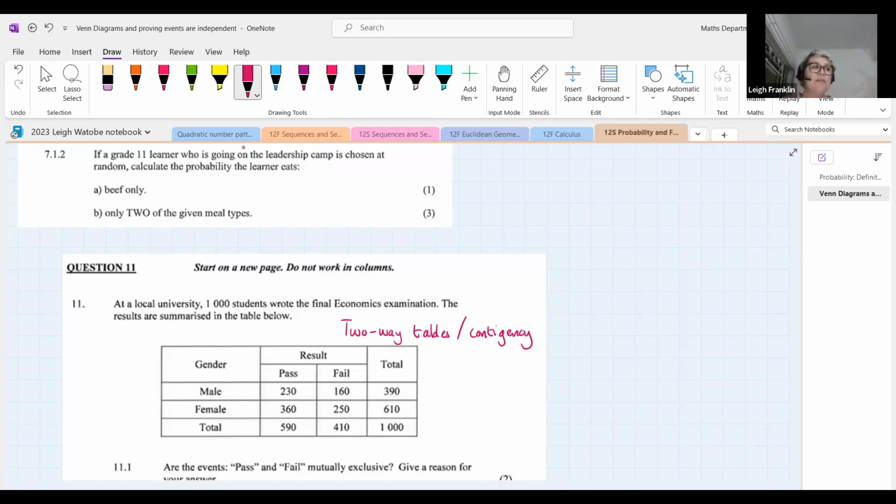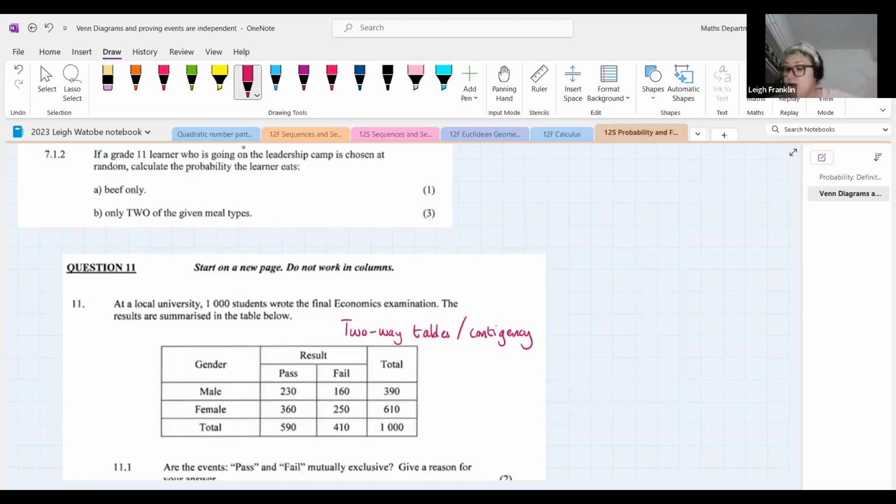So the results are provided and added in 2 ways. So often it's with gender. And then in this case, it's a final economics examination, and they've said the result either is that you have passed or you have failed, and that you are either male or female.